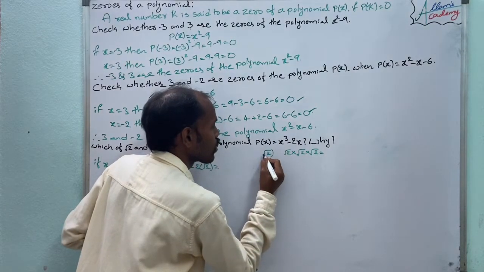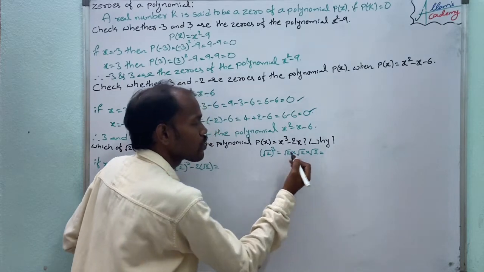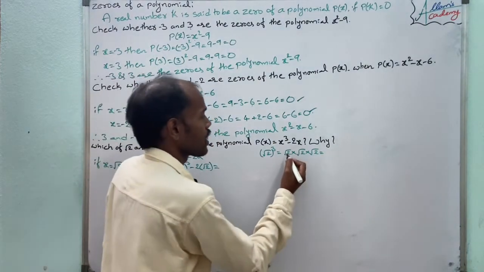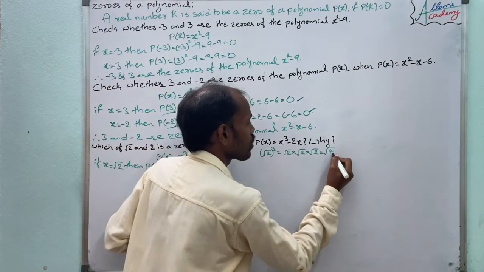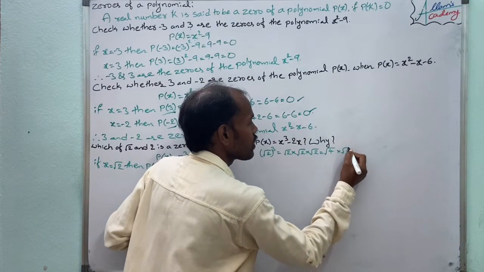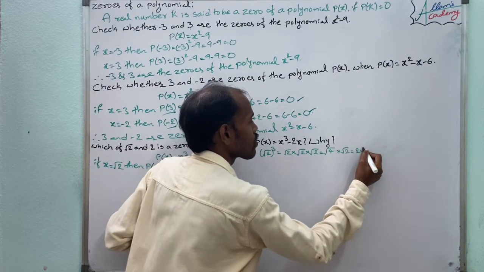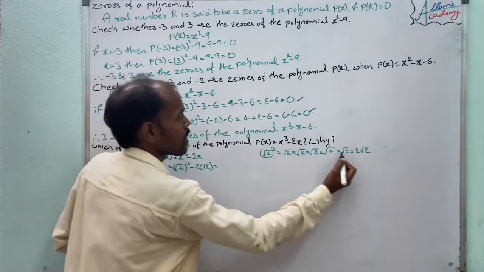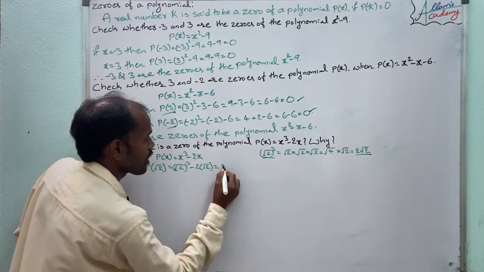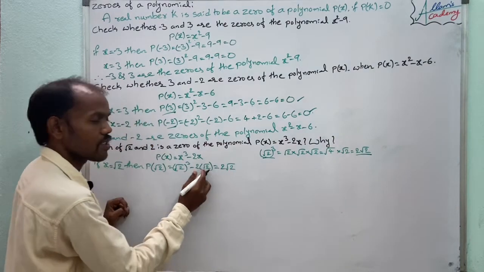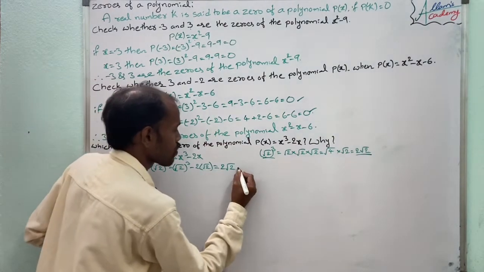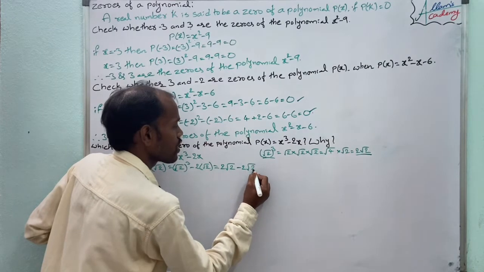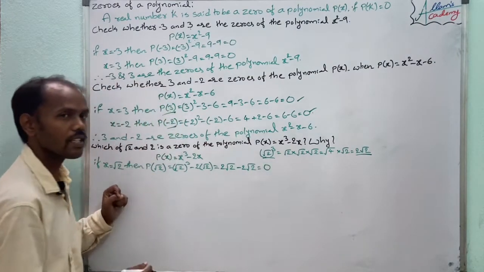Root 2 into root 2 is nothing but root 4. Root 4 means that is 2. So 2 into root 2. So root 2 whole cube is 2 root 2. Minus 2 into root 2 means 2 root 2 only. So 2 root 2 minus 2 root 2 equal to 0.